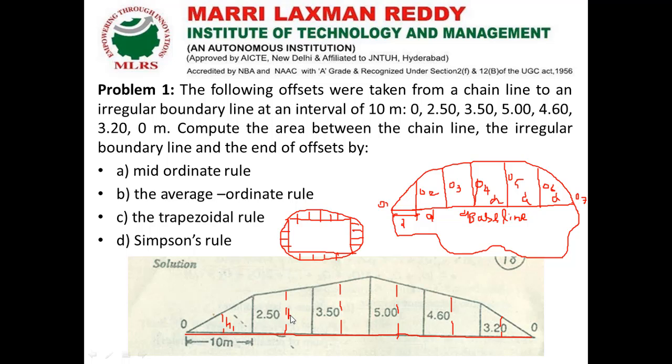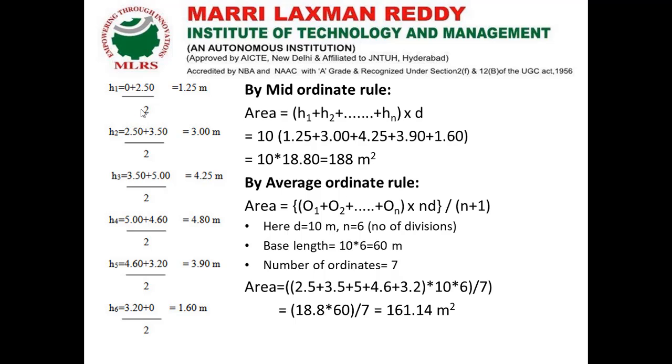For h2, 2.5 plus 3.5 whole divided by 2. For h3, 3.5 plus 5 divided by 2. For h4, 5 plus 4.6 divided by 2. For h5, 4.6 plus 3.2 divided by 2. For h6, 3.2 plus 0 divided by 2. Then we can get the heights of individual mid ordinates.